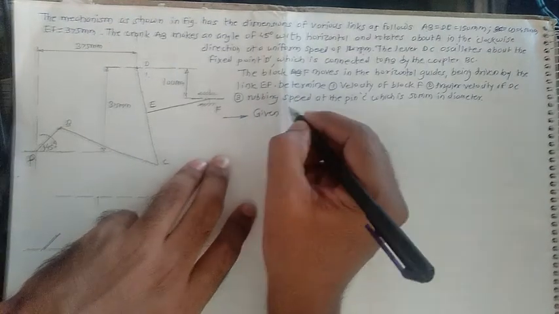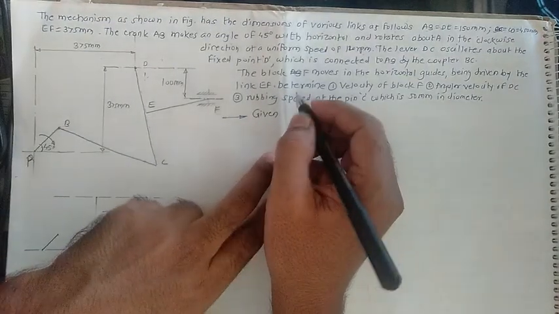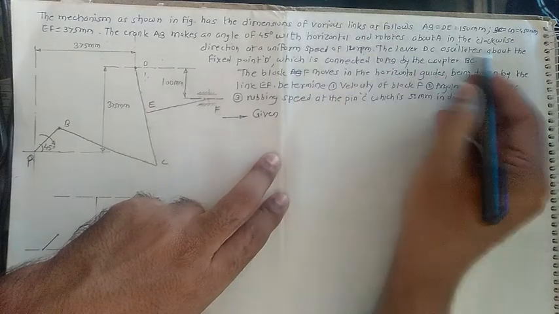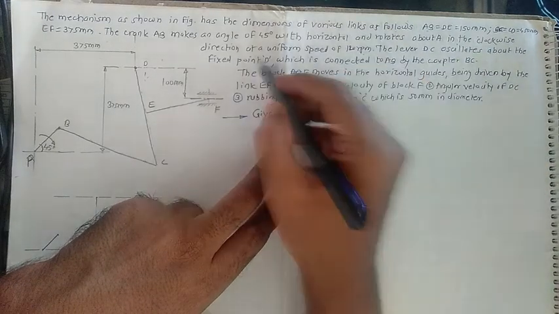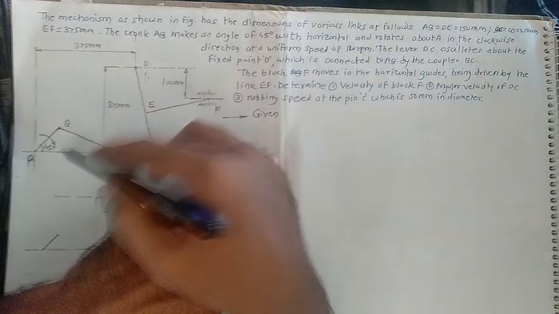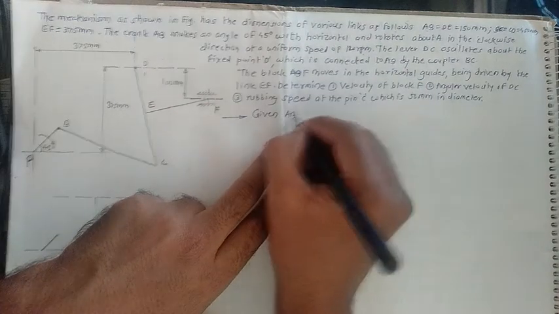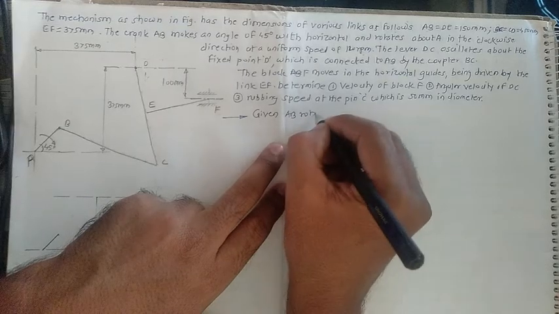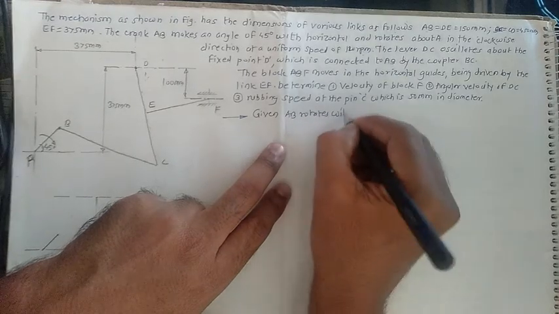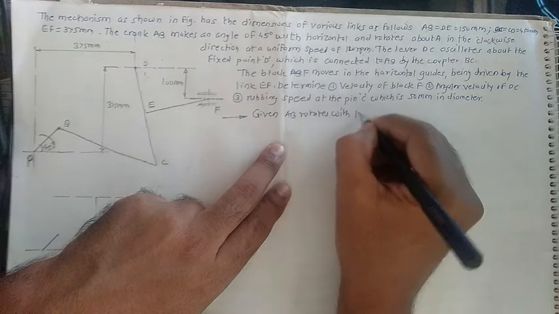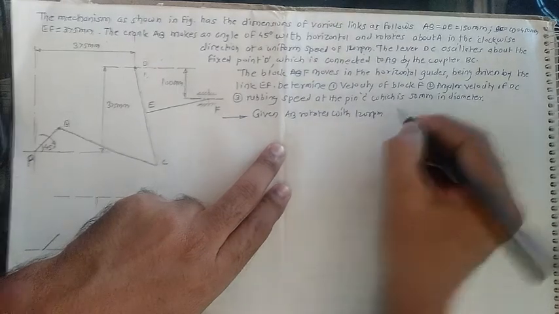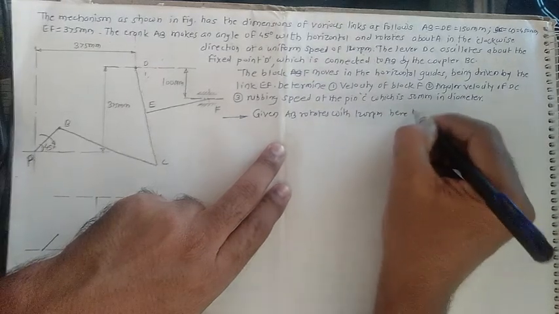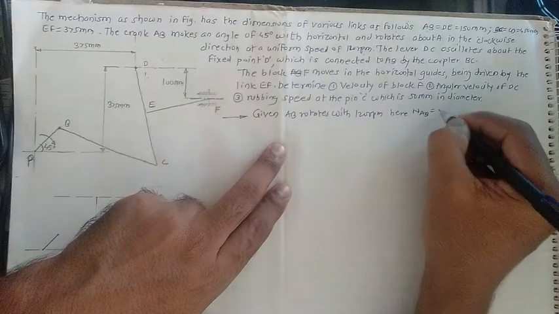Crank AB rotates with 120 rpm. This information is with us. So N_AB equals 120 rpm, given.